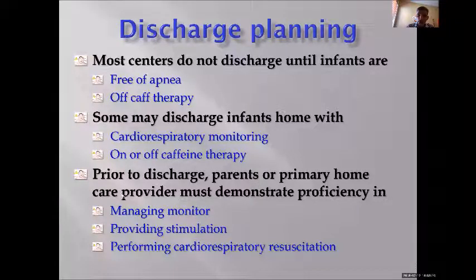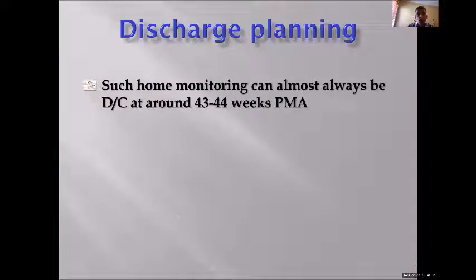They need to know how to manage the monitor, how to know whether this is an artifact, how to provide stimulation, and if the baby stops breathing, how to provide cardiorespiratory resuscitation. Without these 3 points, there is no point in using a cardiorespiratory monitor. Almost always the cardiorespiratory monitor can be discontinued at 44 weeks corrected gestational age.